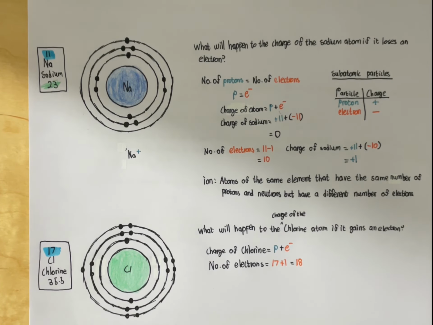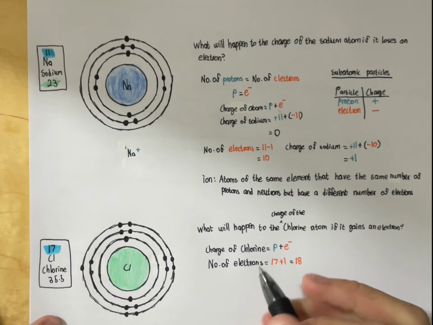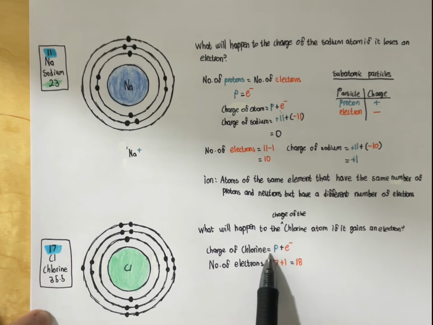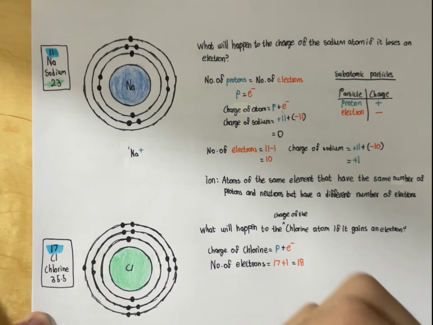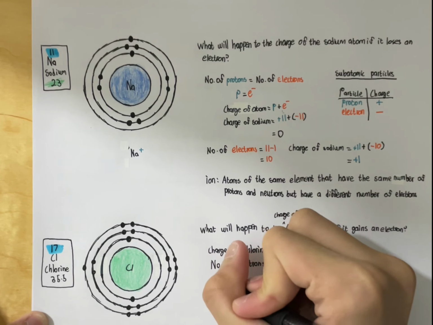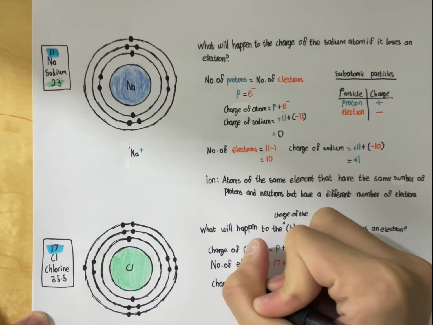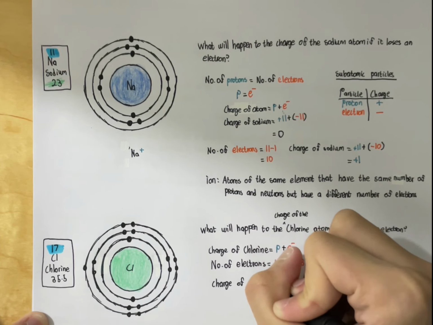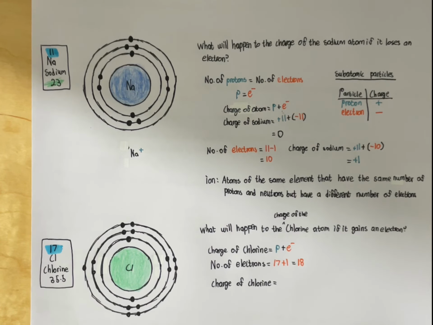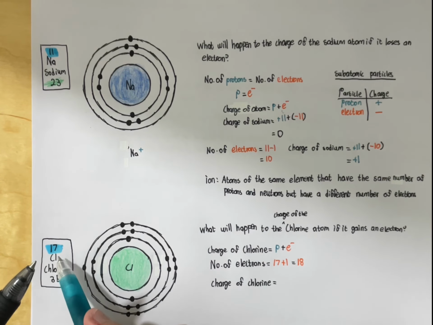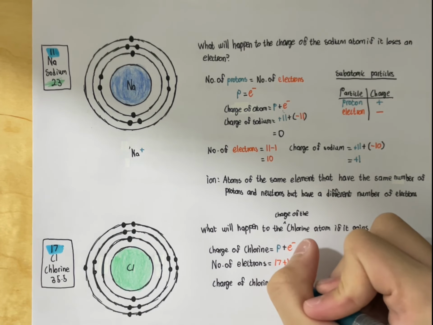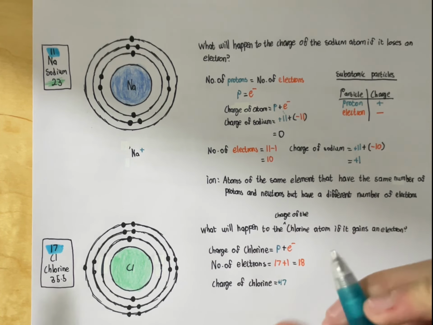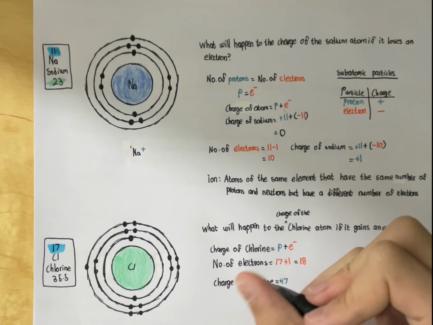Alright, so now we can sub these values into this equation to find the charge of chlorine. Charge of chlorine is equal to how many protons do we have? Well, we have 17 protons, so 17. This is the charge, remember.